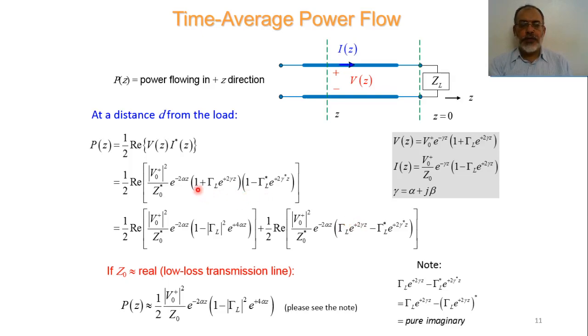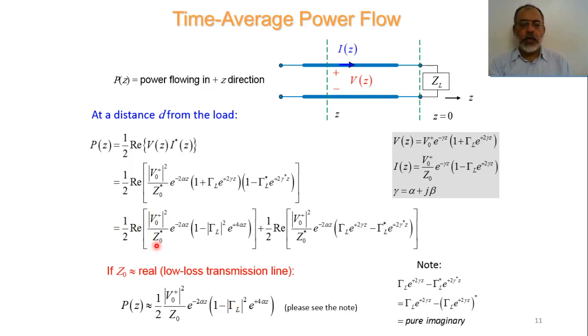The first two terms of the multiplication are this term, and in this case everything is real except Z0 conjugate. So we can say that the real part is half V0 squared e to the power minus 2 alpha Z multiplied by this bracket, with real 1 over Z0 conjugate.